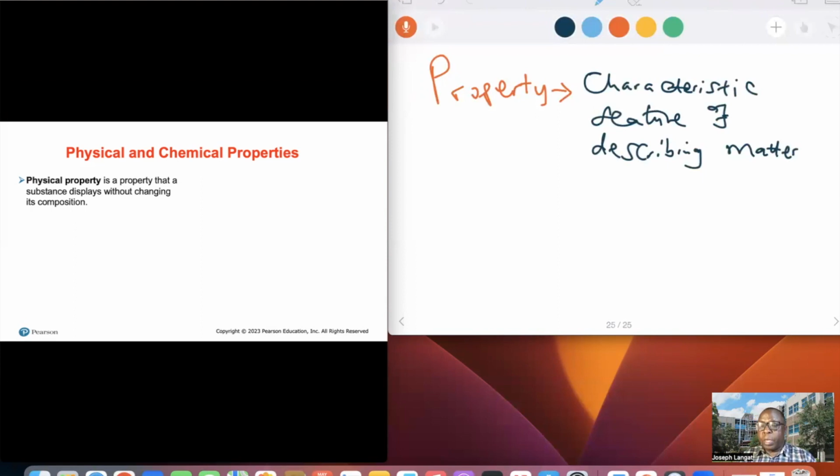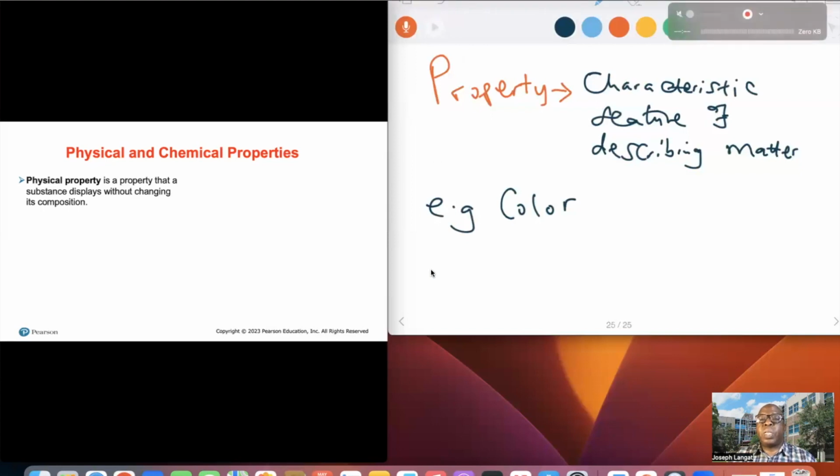I have a green pen here. I don't know if you can see. Oh, you can see, I have a green pen. I'm using color, e.g. color. If I say green apples, I'm using the appearance. A characteristic feature used to describe matter is a property and can be either physical or chemical.